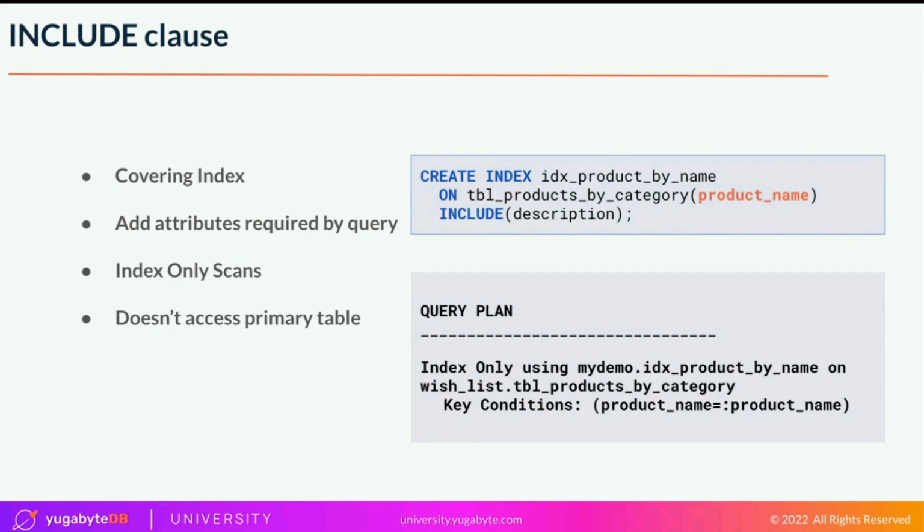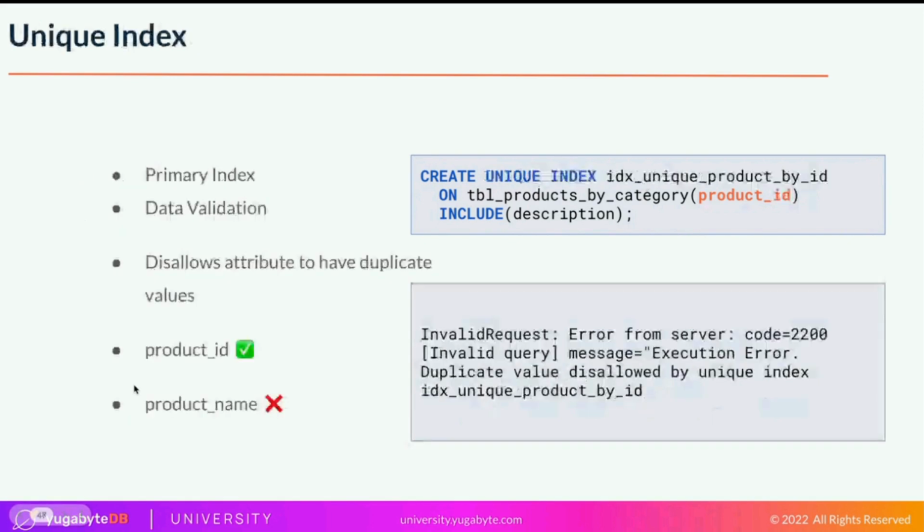Next slide, please. Here we'll be talking about how to create a unique index. A little bit different than what we used previously. Unique indexes are mostly used for data integrity, data validation, data verification, just to really keep your data from getting corrupted.